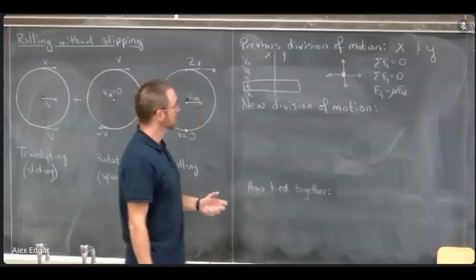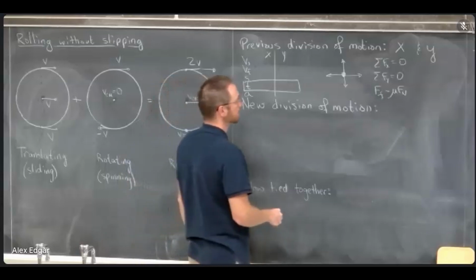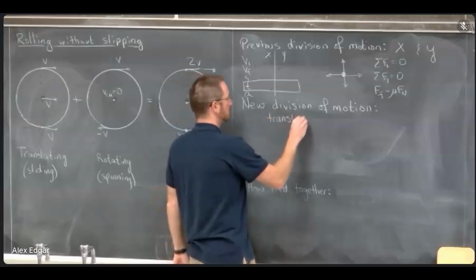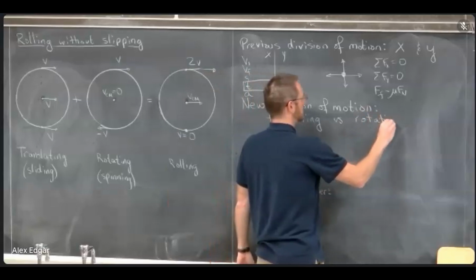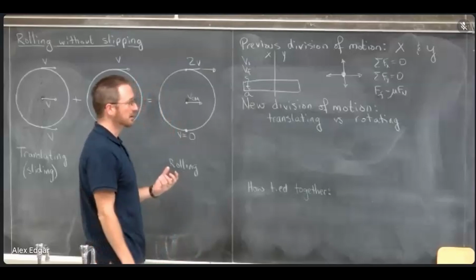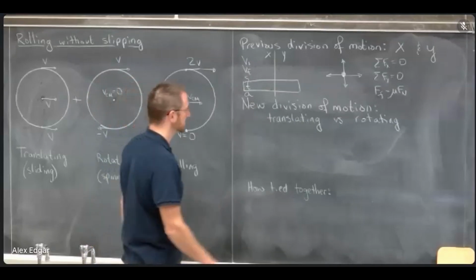Our new division of motion is no longer going to be x and y. Our new division of motion is going to be translating versus rotating. And we already introduced this in a previous chapter when we looked at rotation and just rotational motion.